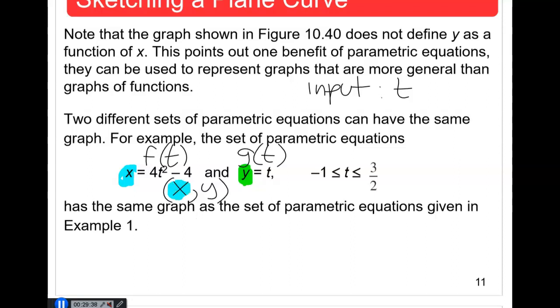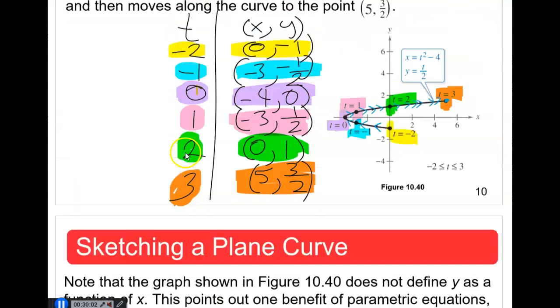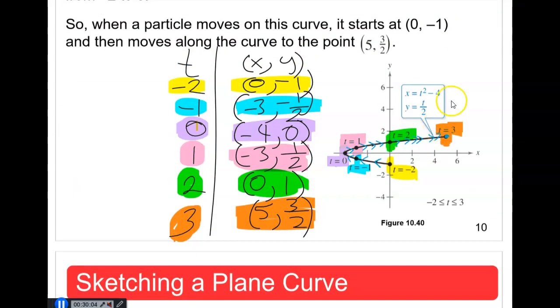So x is kind of like the new y, an output. Both x and y are the outputs of these parametric equations. So going back to the previous statement, we saw that graph came from this set of equations right here.